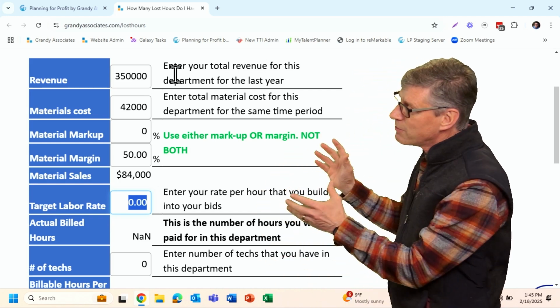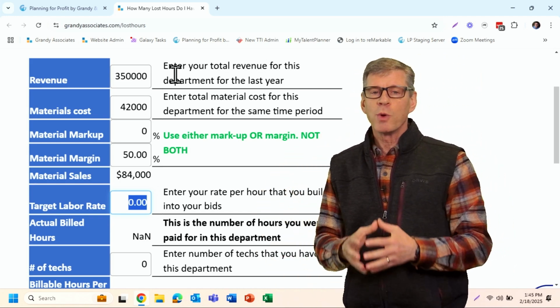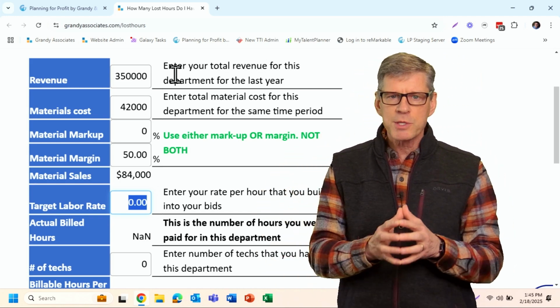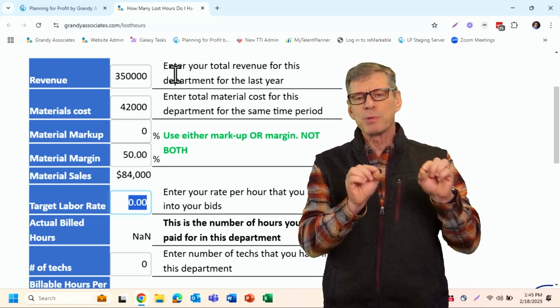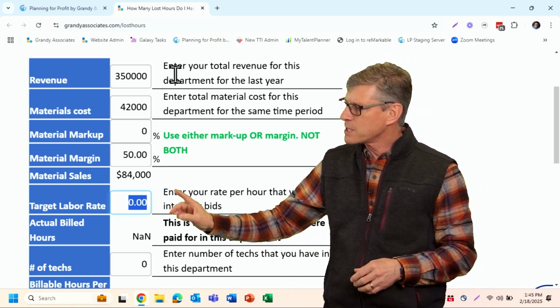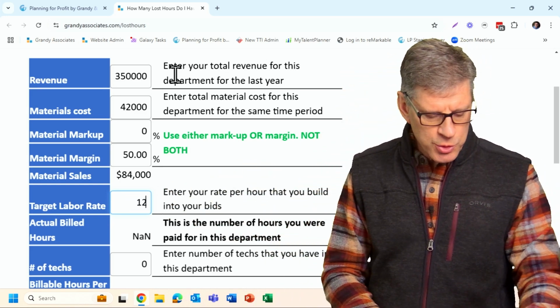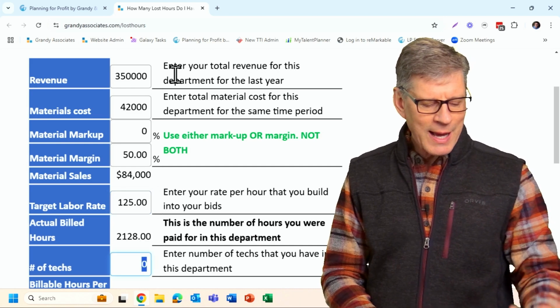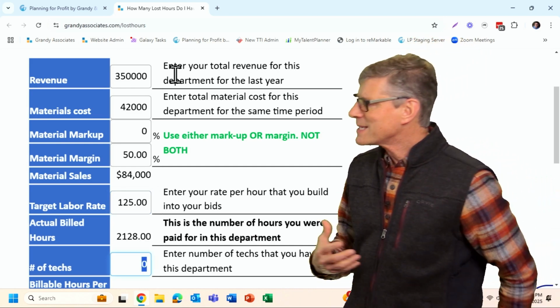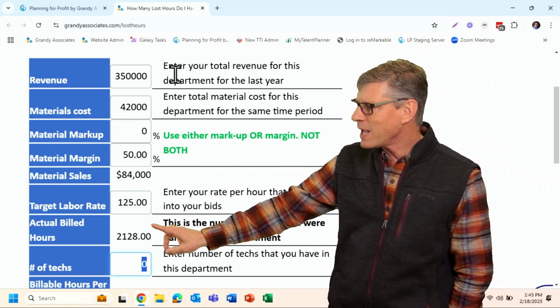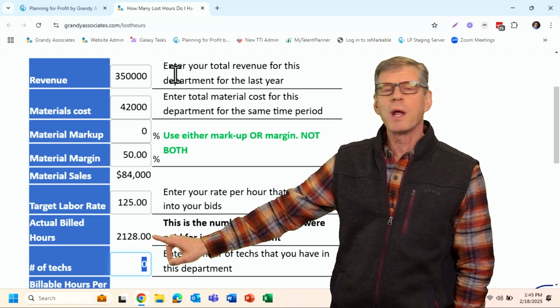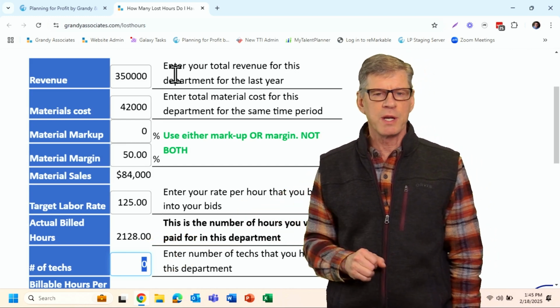That's the beauty of this little calculator: it will always get you back to your target material markup or margin and your target labor rate. In my particular case, we're charging $125 per hour for our labor. That tells me that we got paid for 2,128 hours for this period of time.